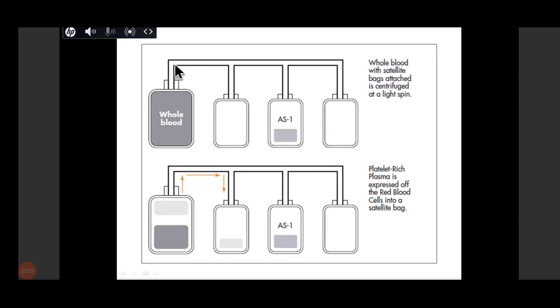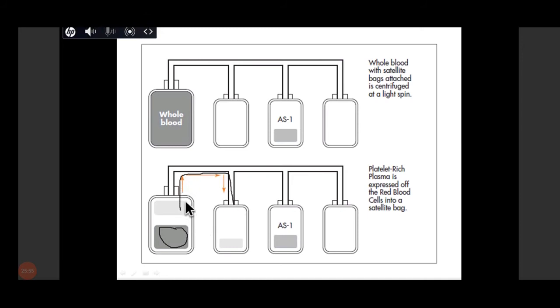They are centrifuged at a light spin. As I've said, the red cells are heavier. So the red cell will settle here, and the platelet rich plasma will be at the top when you centrifuge it. The person gently presses it, and this is removed.